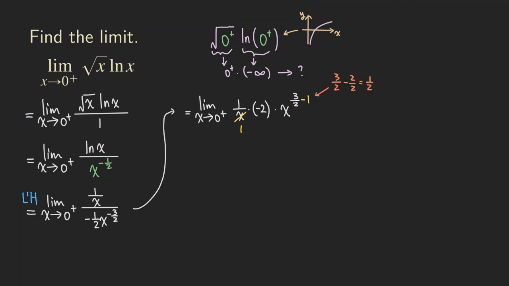That's just 1 over 2. So we are going to get x to the 1 over 2 here. We didn't do anything to the negative 2 because we don't need to worry about it, right? Okay, so now next step, we clean up the expression so that it becomes negative 2 times x to the 1 half, right? That's x to the 1 half.